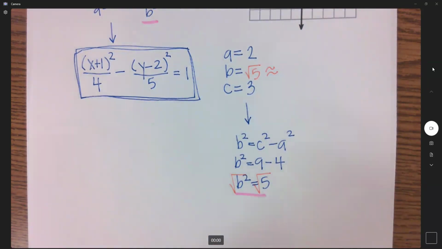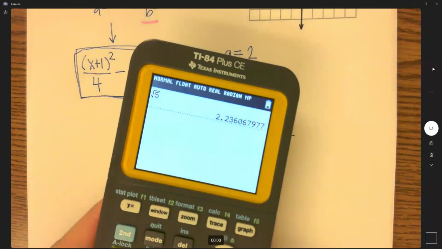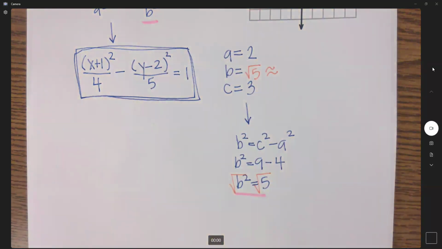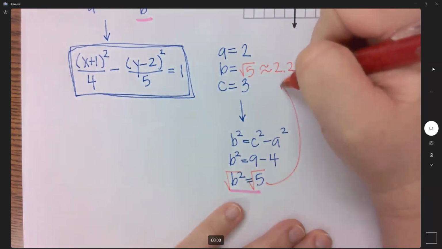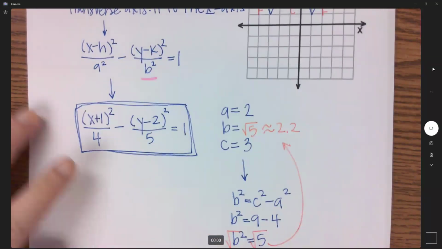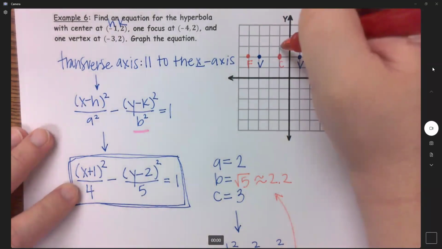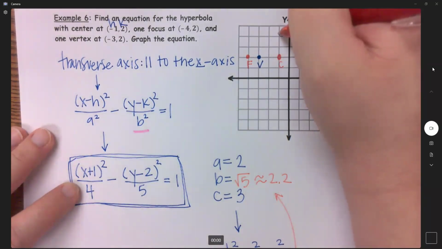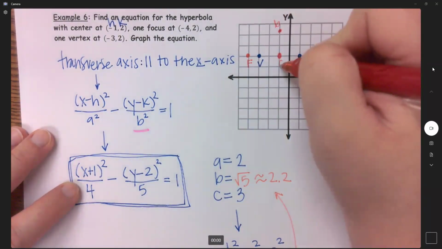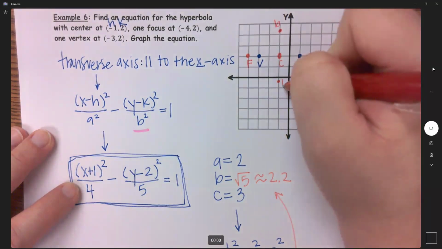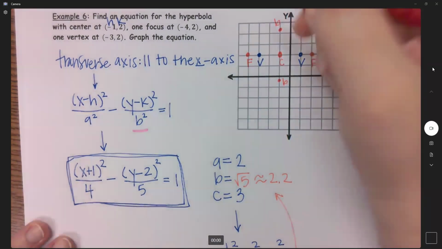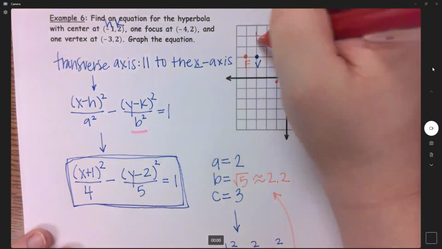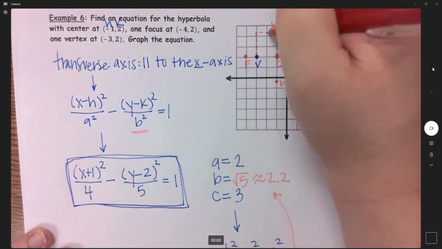And square root 5 is about 2.2. So from the center, I'm going to go up 2 and a little extra for my b, and down 2 and a little extra for my b. So making my box go between your b's and your v's.